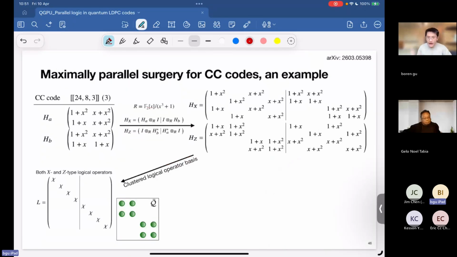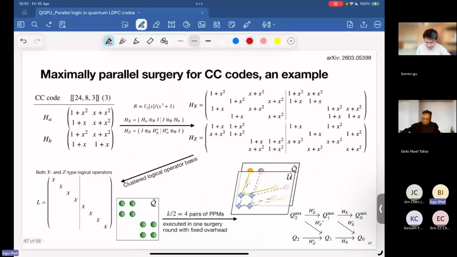We can derive their logical operator basis based on the Künneth formula, and on a Tanner graph on a ring level, they are simply represented by 8 circles separated into 2 clusters. The goal is to achieve K over 2, which equals 4 pairs of PPMs in parallel.